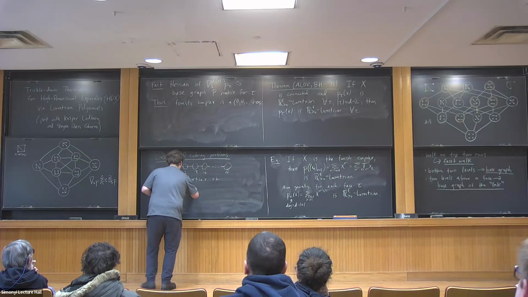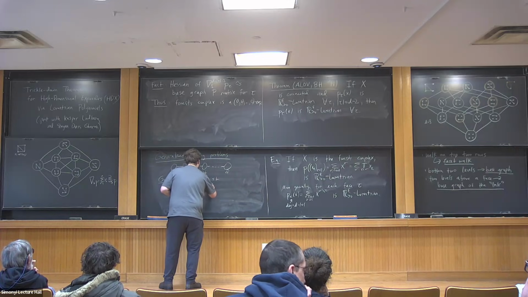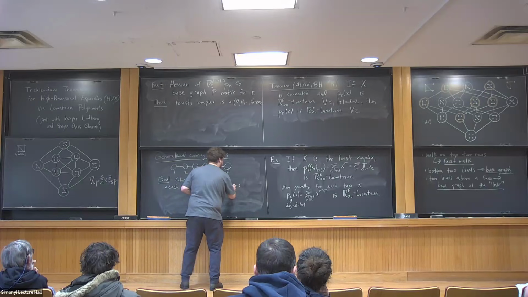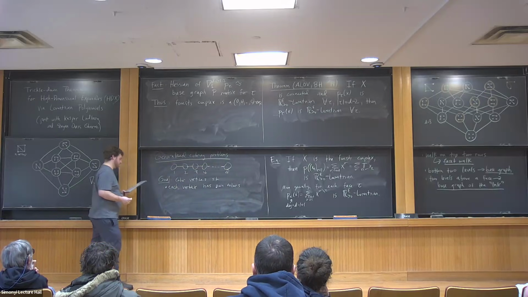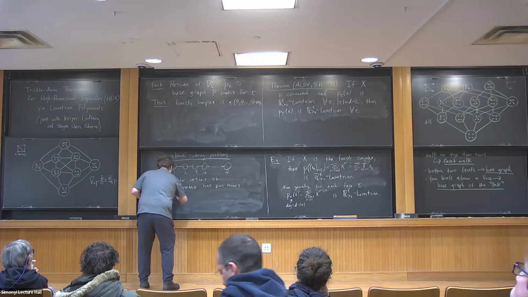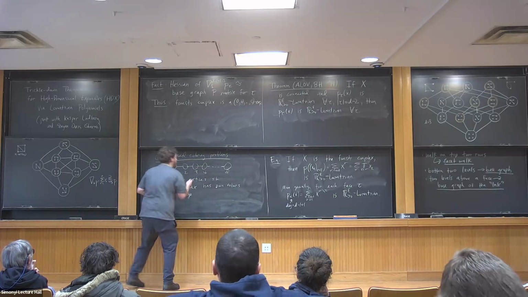The first thing is that every vertex has its own colors. They can be the same if you want, but they can be different. Each edge determines what's allowed.